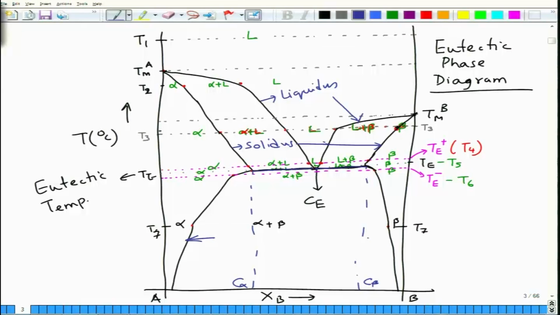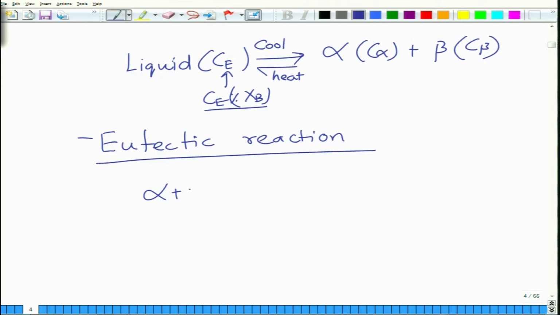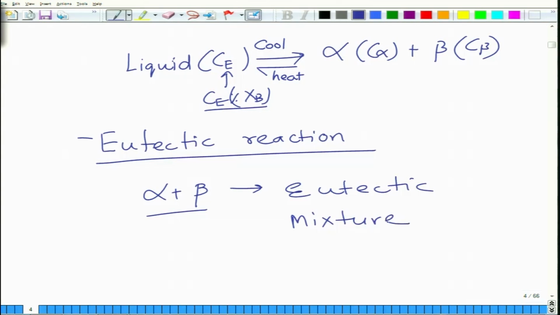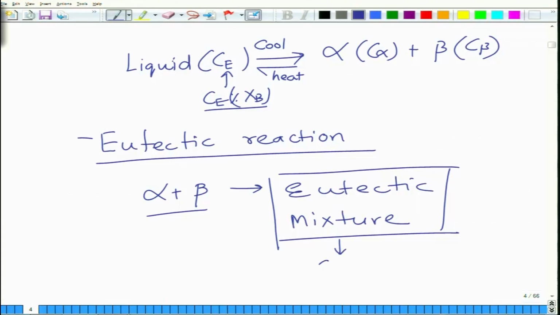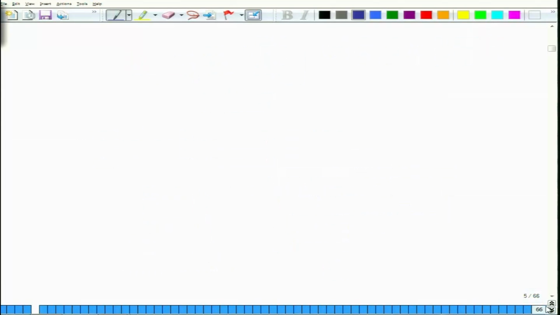And these two boundaries are called solvus. A mixture of alpha and beta is called a eutectic mixture. In the eutectic mixture, the overall composition will be the same as CE, but alpha will be of composition C alpha and beta will be of composition C beta. We will discuss this phase diagram a little later in terms of how the phases evolve.